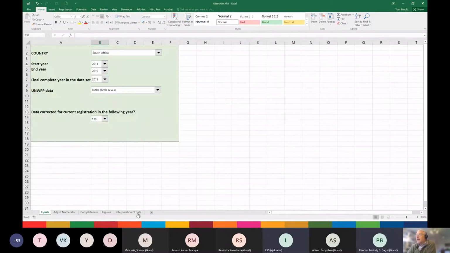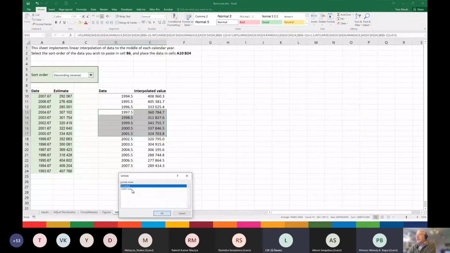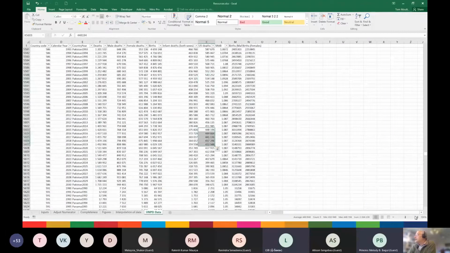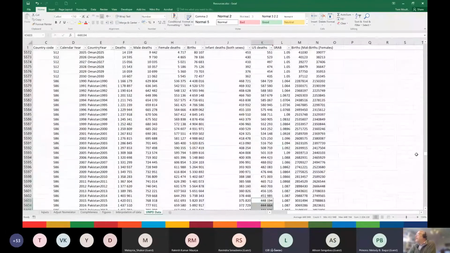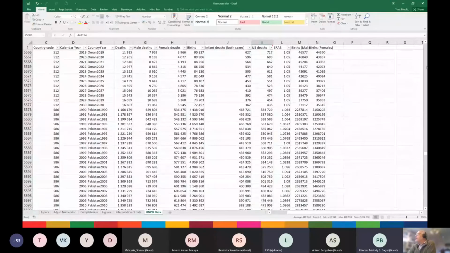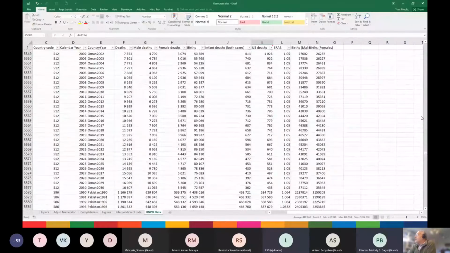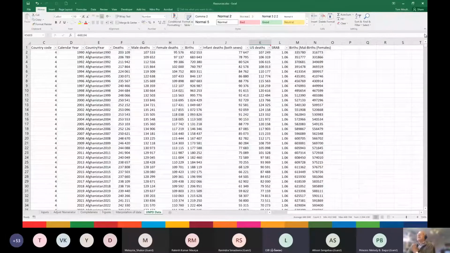In the data, which is from the UNWPP here, let me make it a little bit bigger, you'll see that the information has been placed into the spreadsheet for all those 5 categories.